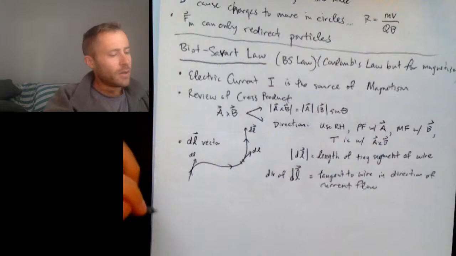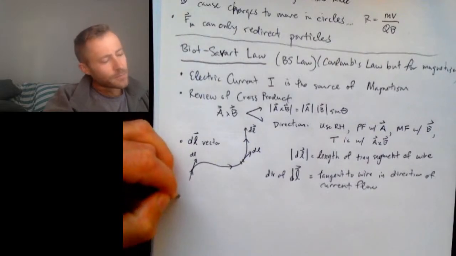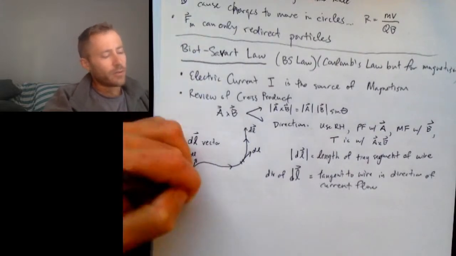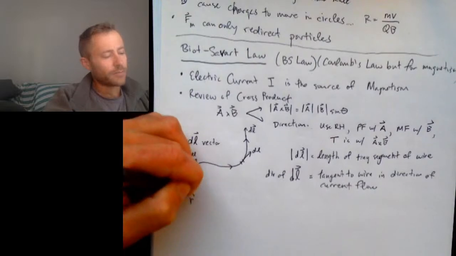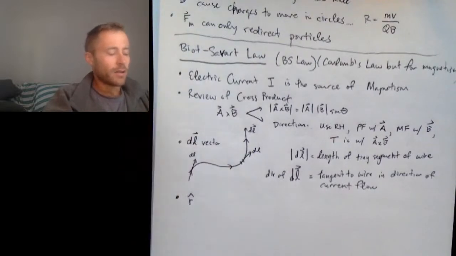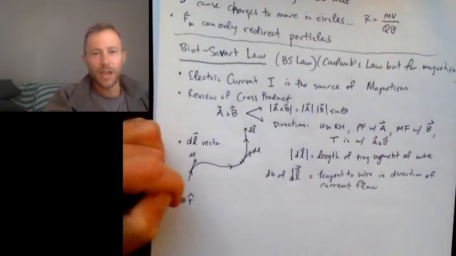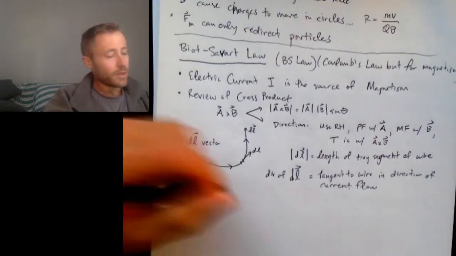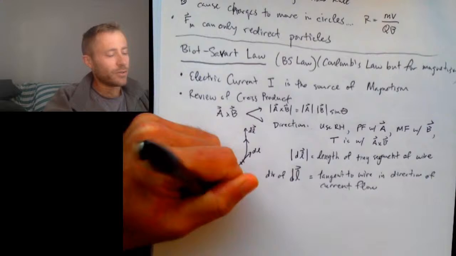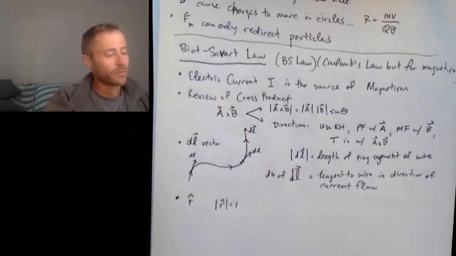Okay, and then we have another vector called r hat. Because it has a hat, it's a unit vector, so the magnitude of r hat is 1, of course.